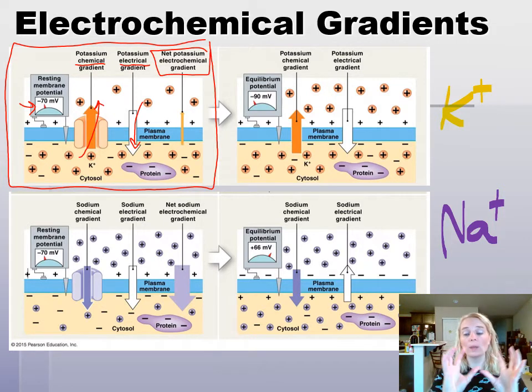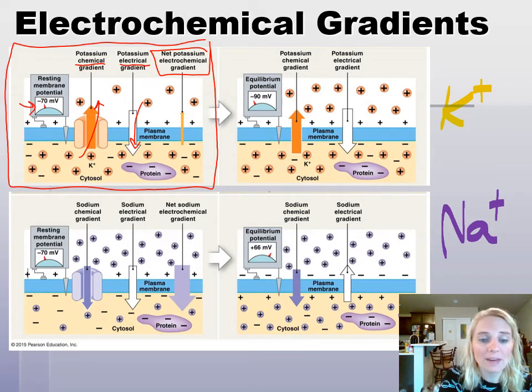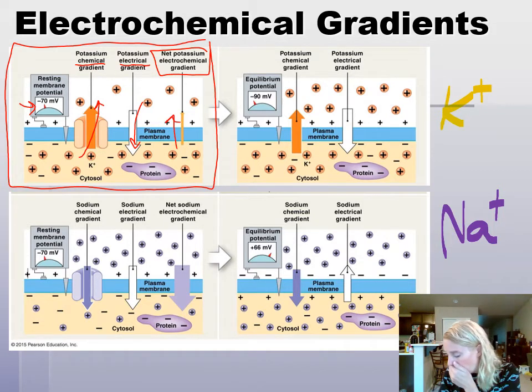We have a whole big push to push potassium outside of the cell and a little bit less push to bring it in because of the electrical charge attraction. If you sum those together, we would have a net loss of potassium outside of the cell. So if the membrane became permeable, potassium would leave the cell.